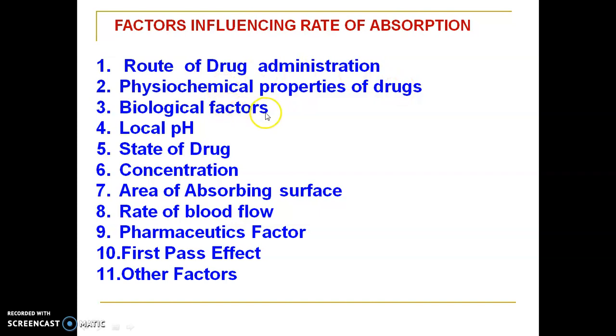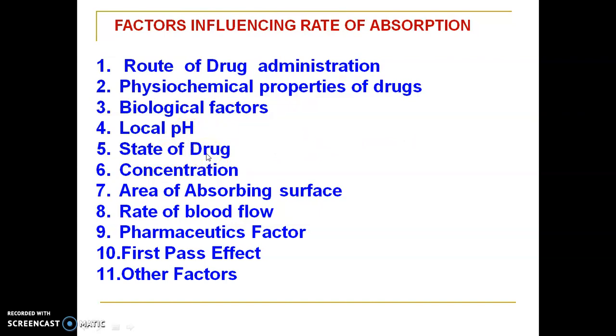Biological factors: the presence of various enzymes, various hormones, various other biological barriers affect the process of absorption. In case of pH, as already discussed, acidic drugs are better absorbed from stomach, basic drugs better absorbed from intestine, and neutral drugs are absorbed equally from stomach as well as intestine. That means pH affects the process of absorption.